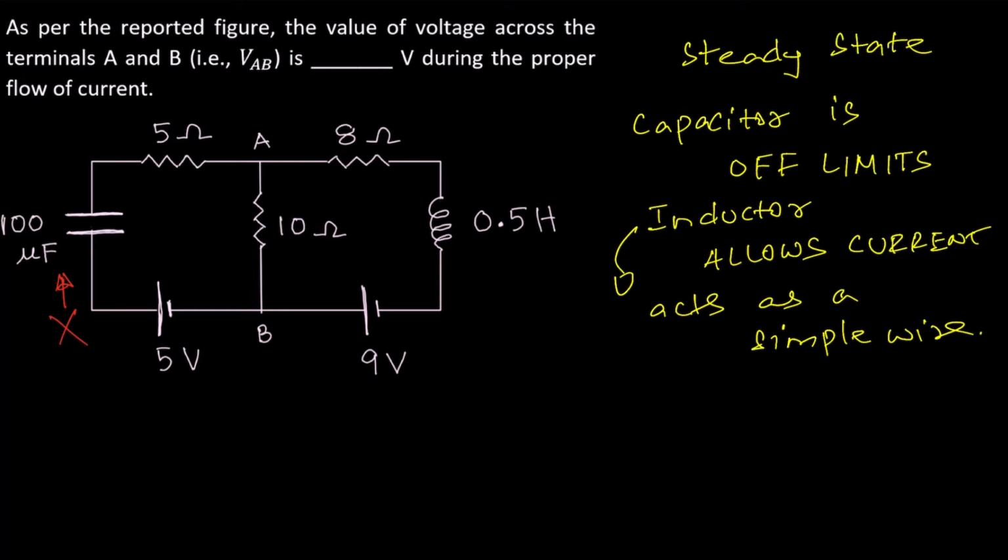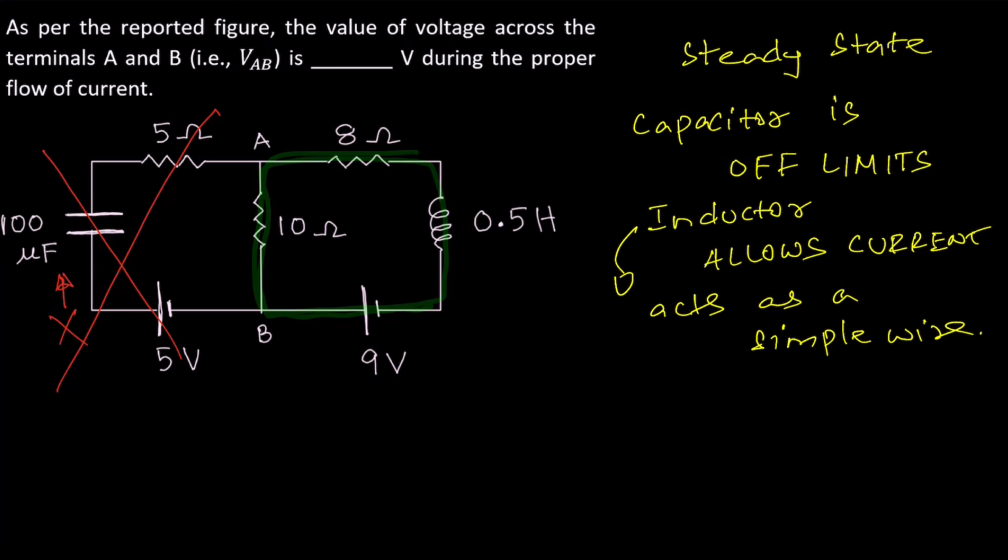In that case, wherever you have the capacitor branch, we can completely ignore it. Then you have only the loop on the right side. The current simply flows in the clockwise direction like this.